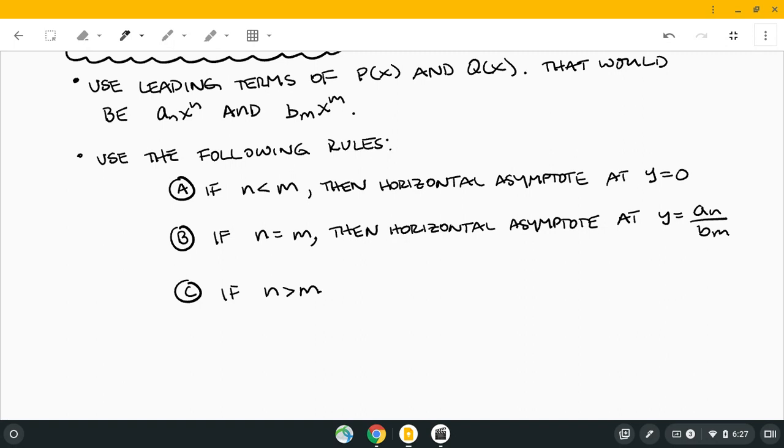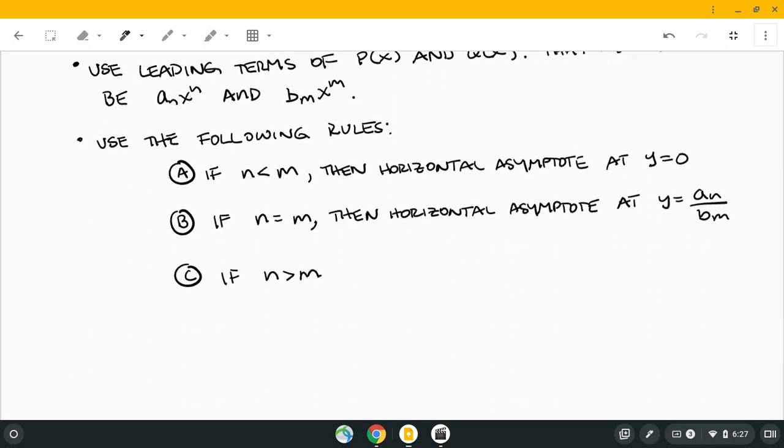So if you have 2x squared on top and 3x squared on the bottom, then you have a horizontal asymptote at 2 over 3. Okay? We're going to look at some examples, so just hold on a second.